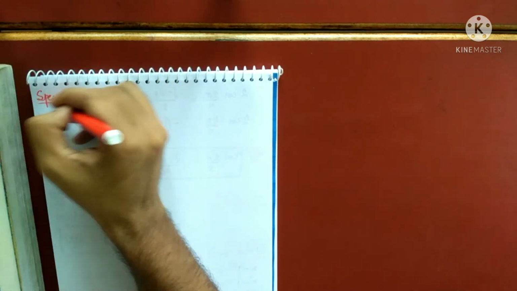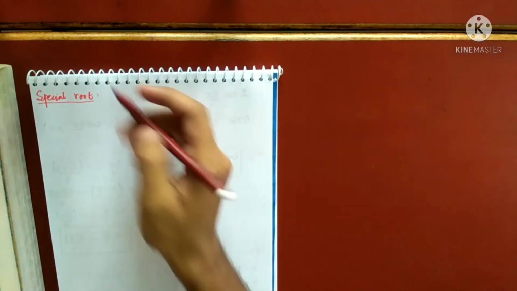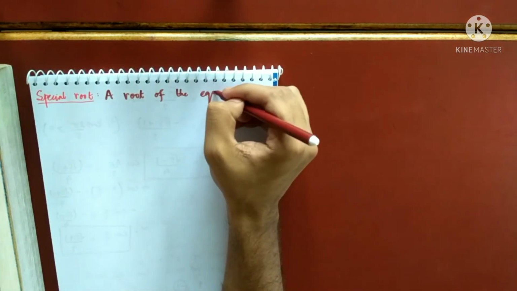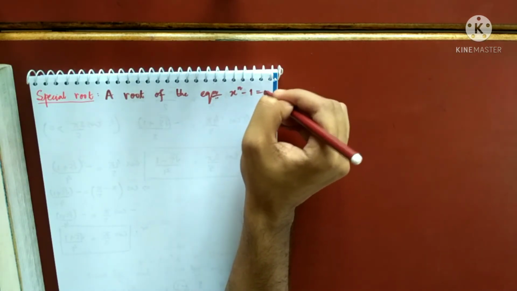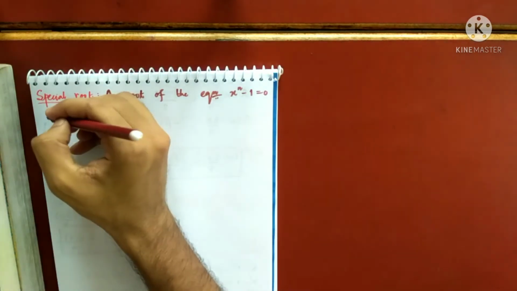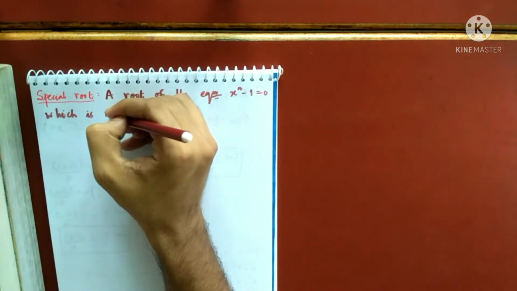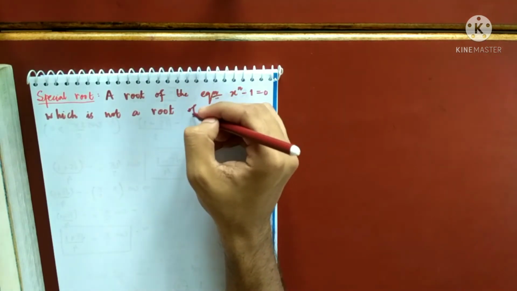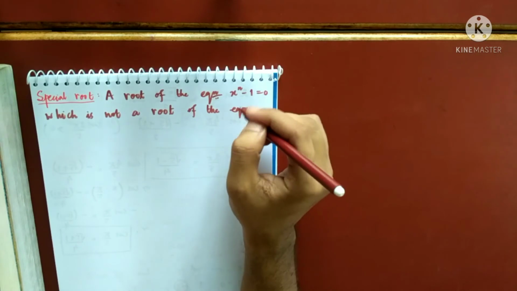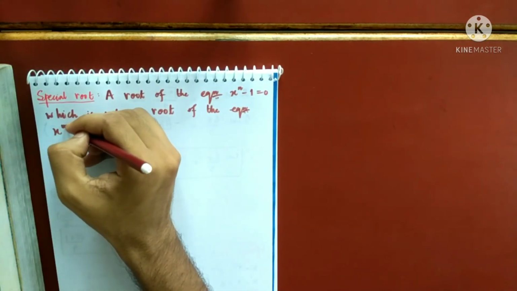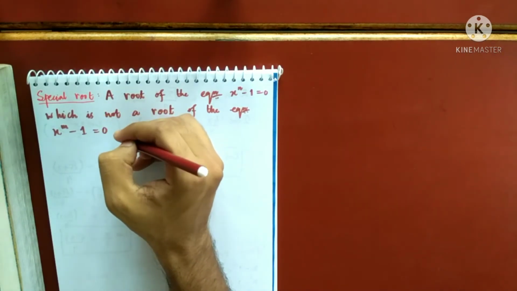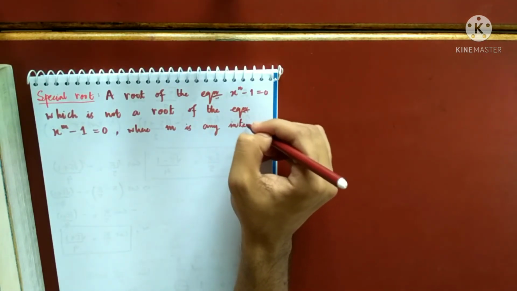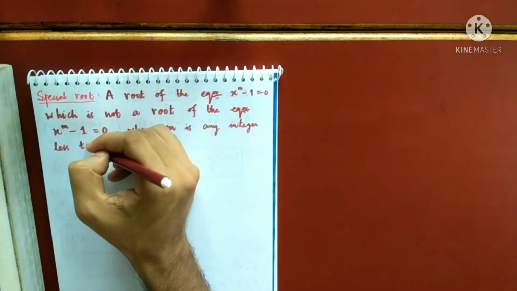Special root definition is this: a root of the equation x to the power n minus 1 equals to 0, which is not a root of the equation x to the power m minus 1 equals to 0, where m is any integer less than n.